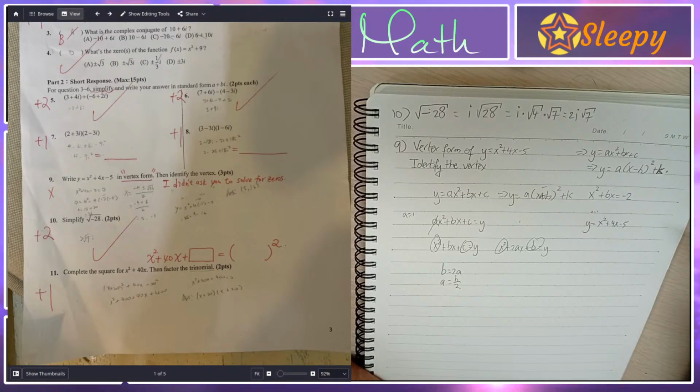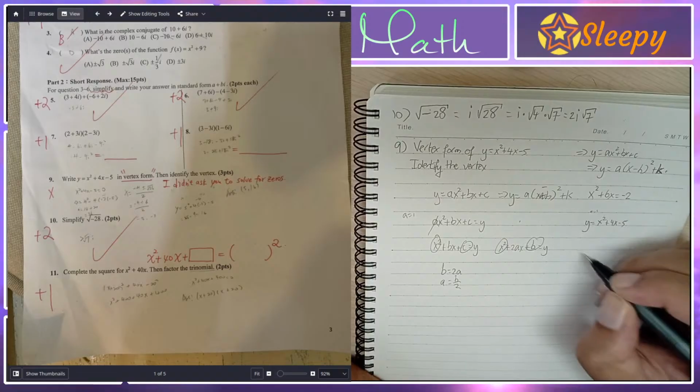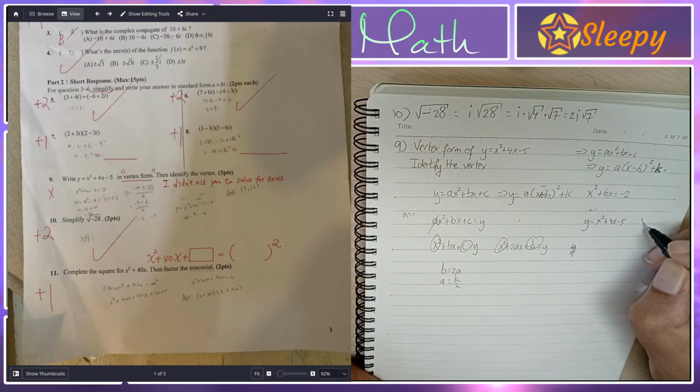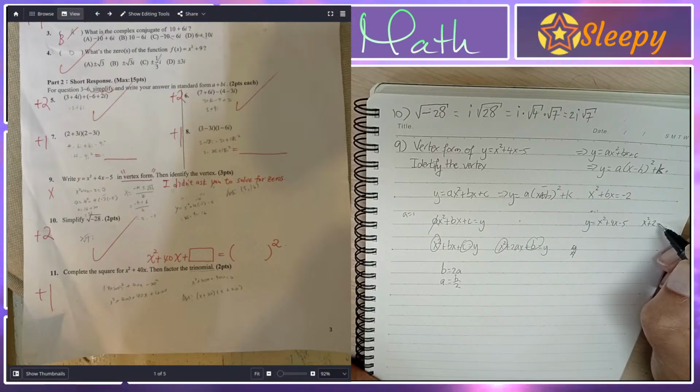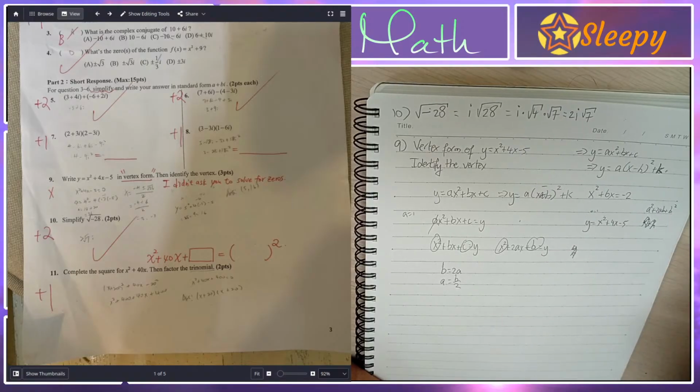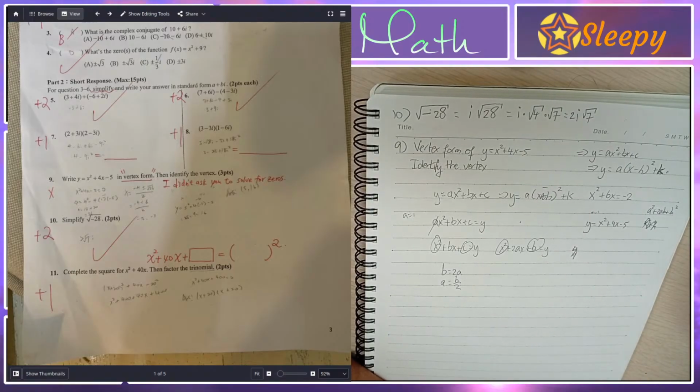So we've got y, and we've got x squared plus 2ab plus b squared, like a squared plus 2ab plus b squared. So you divide this by 2.